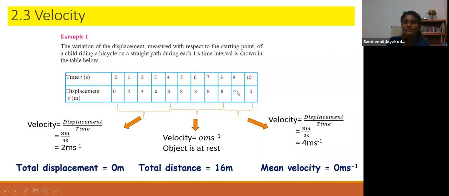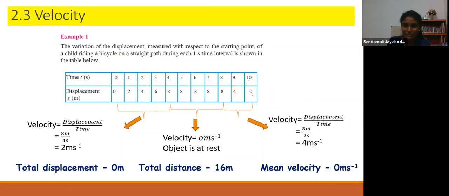If we have two zeros like this at the end of the displacement-time table, we have to know displacement is about the magnitude and direction too. So we have to think it has come to the initial position or the start position.